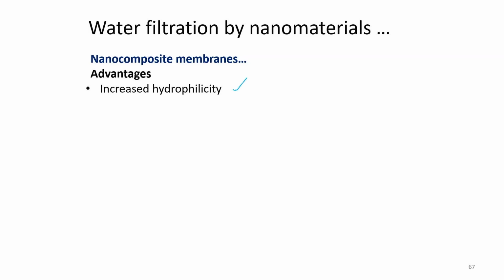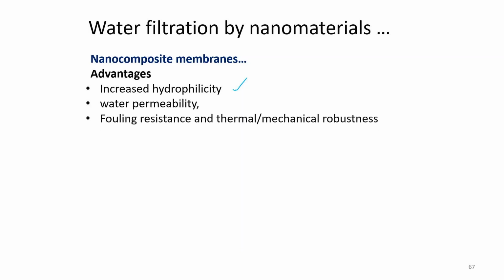If we use a hydrophilic component, it will increase the hydrophilicity, it will start absorbing the water. So, water permeability will increase, it will reduce the pressure drop, fouling resistance will increase, and thermal and mechanical robustness.